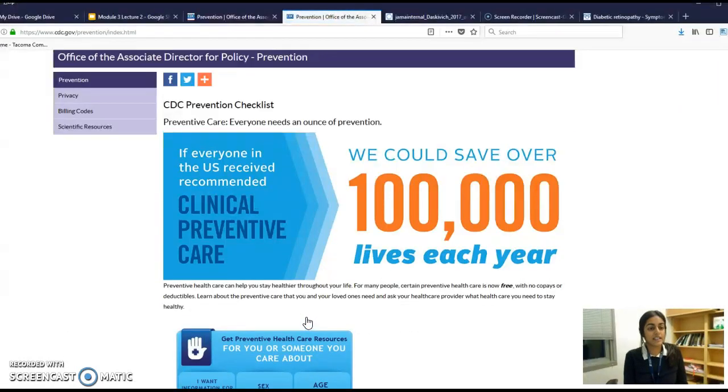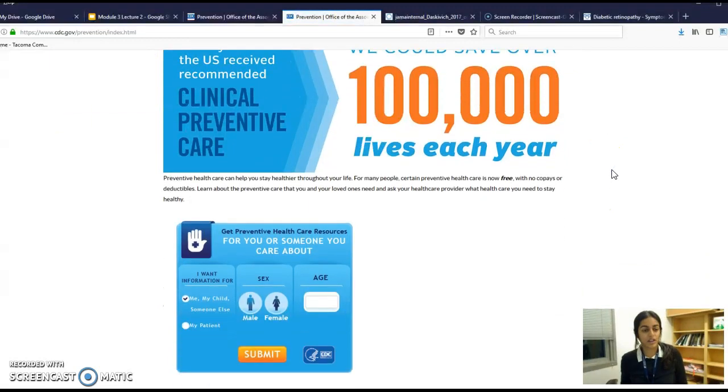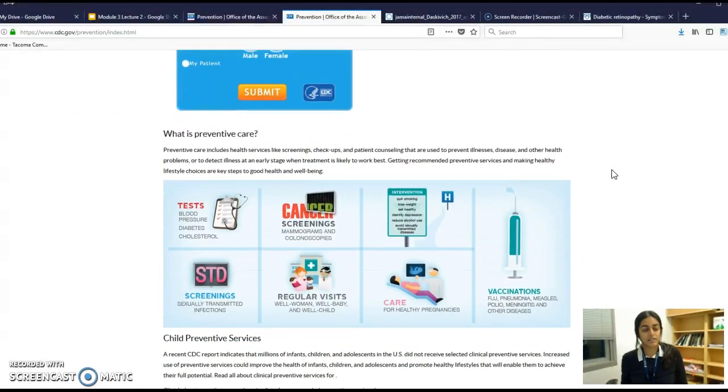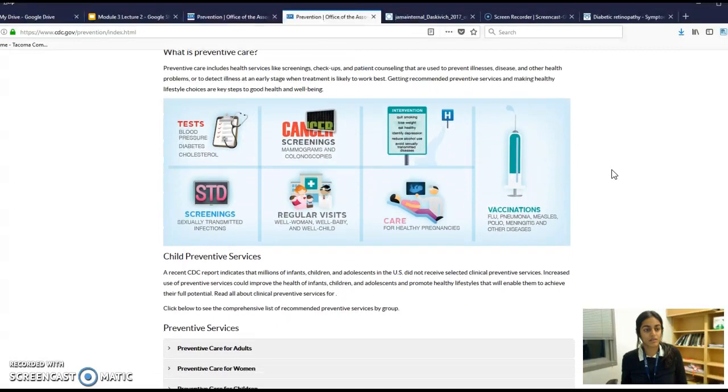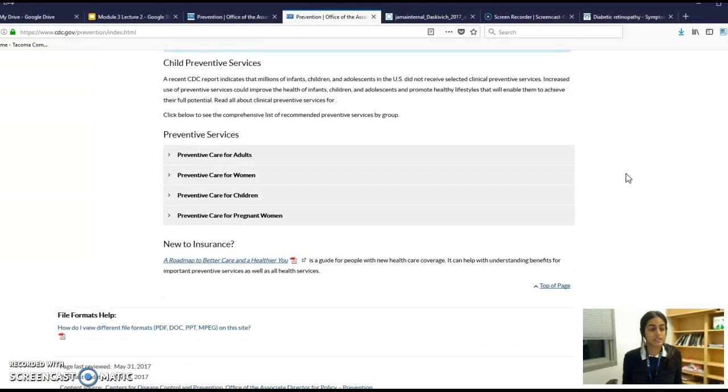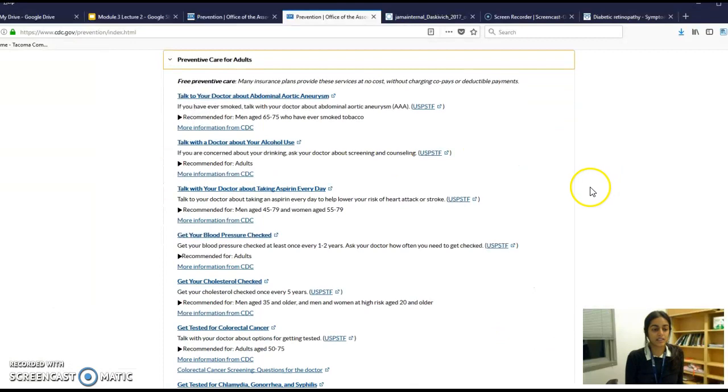And CDC has a great website. Definitely scroll through this on your own time. They talk about tests, screenings for cancer, STDs, regular well woman and well baby visits, interventions like smoking cessation, weight loss, care for pregnancy, vaccinations, and they also break it down by demographic groups like adults.